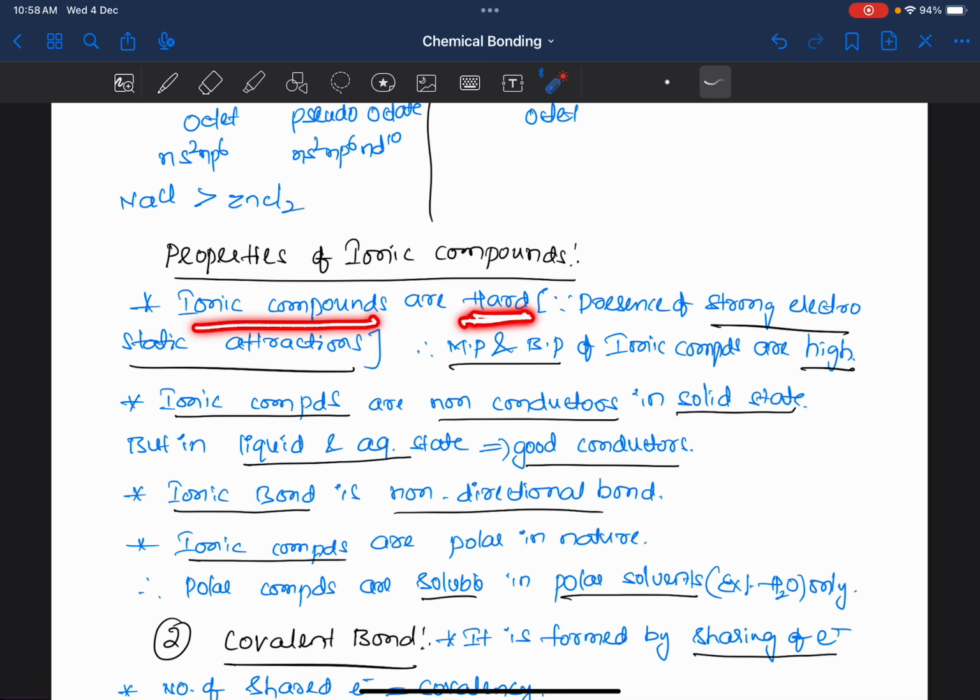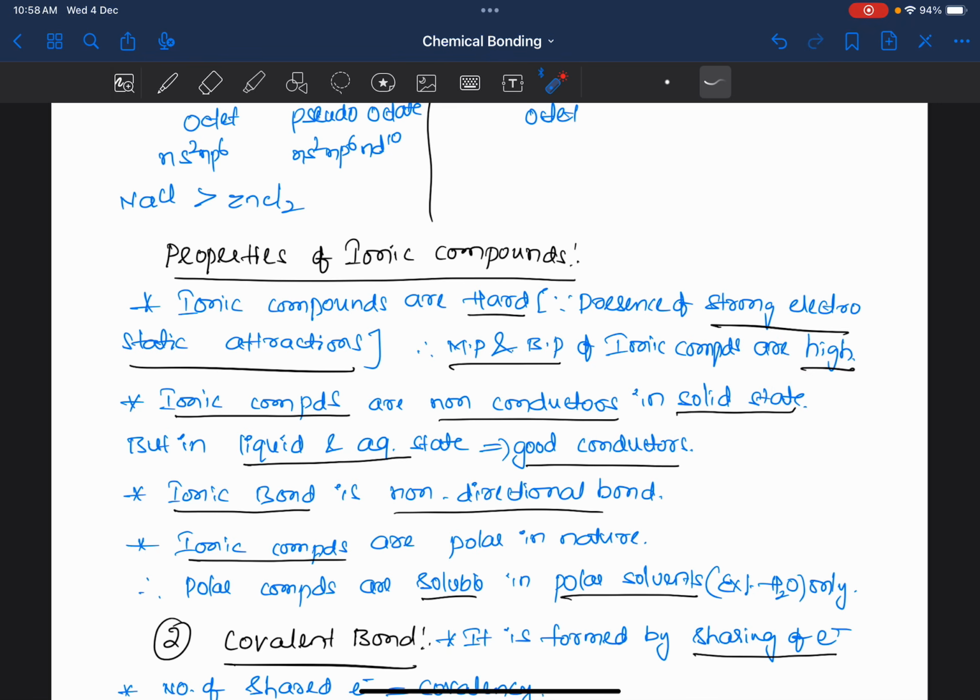Why are these hard? Since strong electrostatic attractions are present, those are attracted strongly. Therefore, for ionic compounds, melting and boiling points are high.